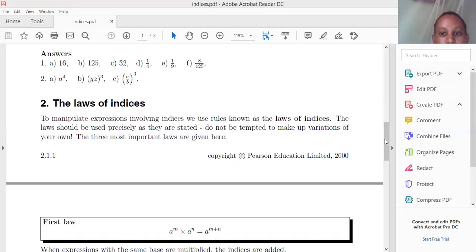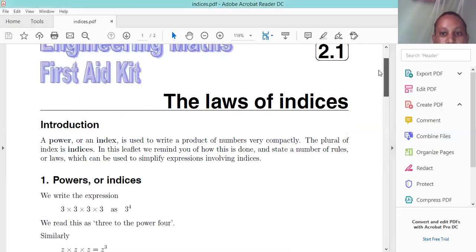So with me, I'll share one of the documents that I had sent last week, and this is on the indices. All of us, I hope we have this document, which I had shared with you on your WhatsApp group.